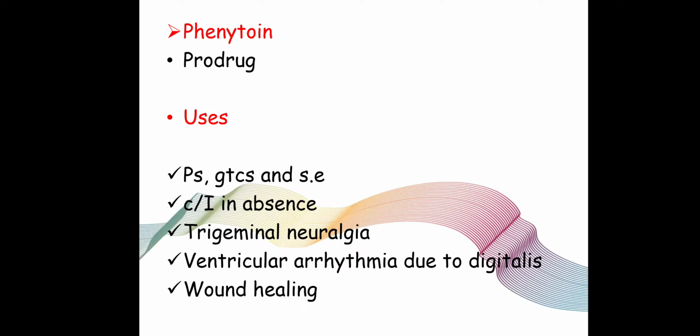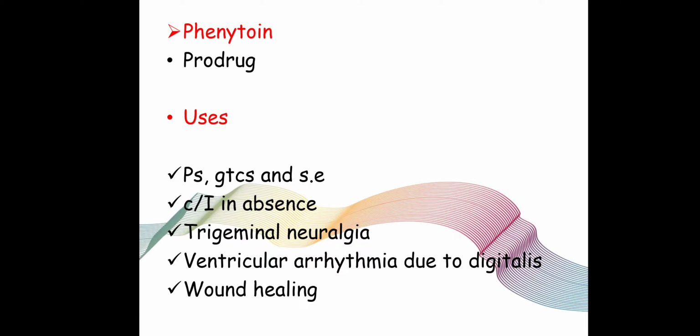Okay, so uses of phenytoin. The drugs which are used in treatment of epilepsy have uses in epilepsy and also some other non-epileptic uses, so we'll discuss both. Basically phenytoin is used in partial seizure, GTCS, that is generalized tonic-clonic seizures, and status epilepticus.